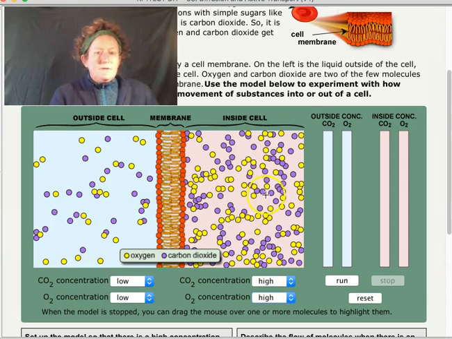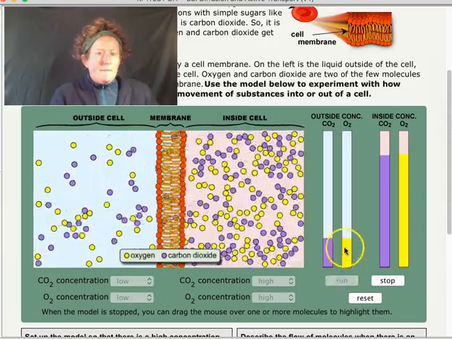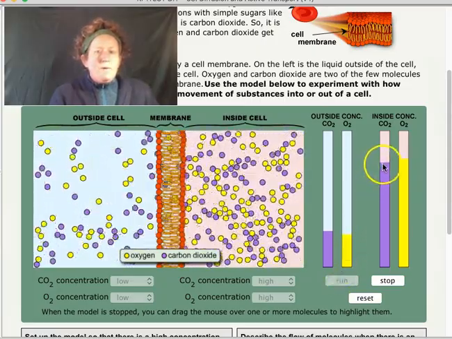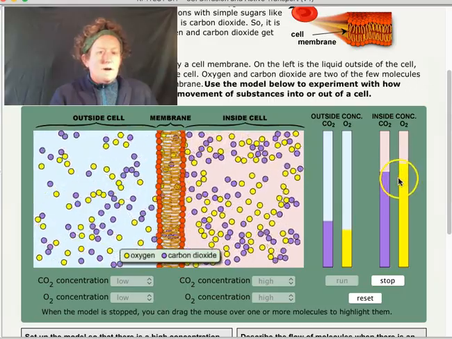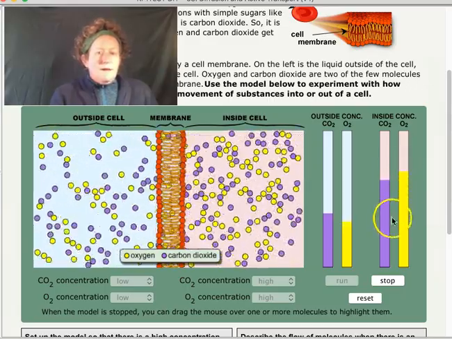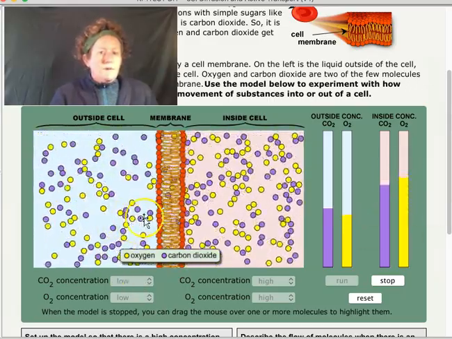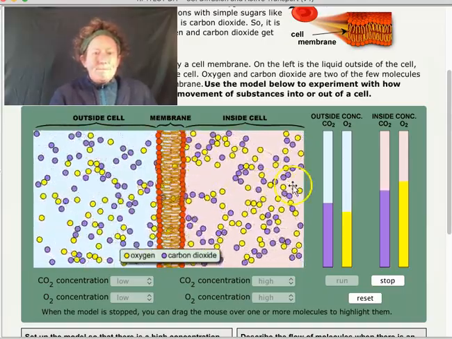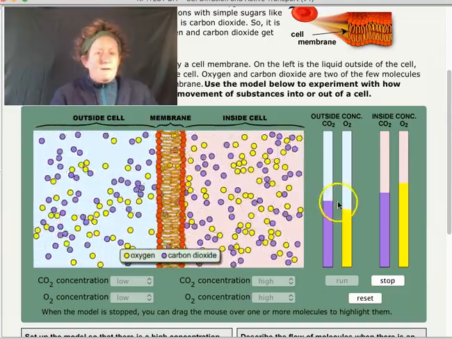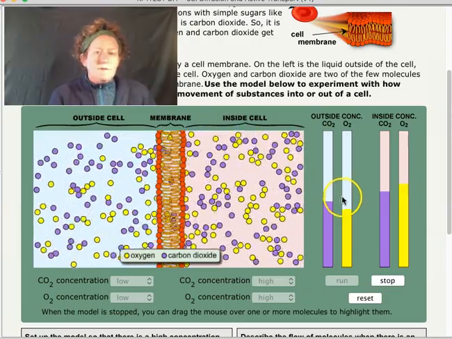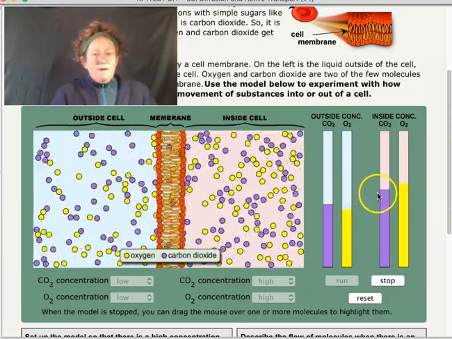There's a high concentration over here and a low concentration over here. So both carbon dioxide and oxygen are high over here, and they're low over here to start with. What's happening? You can see from the bars here, looking at the level of CO2 and O2, that they're evening out.